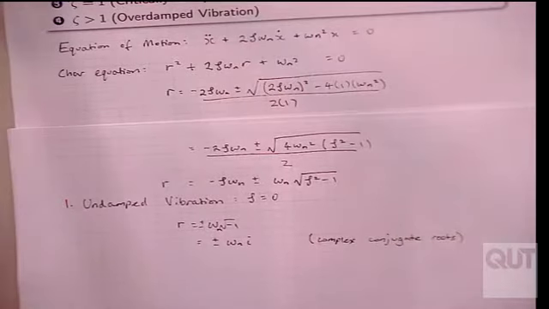So the solution for our complex conjugate roots is our exponential function times a sine function plus a cosine function.